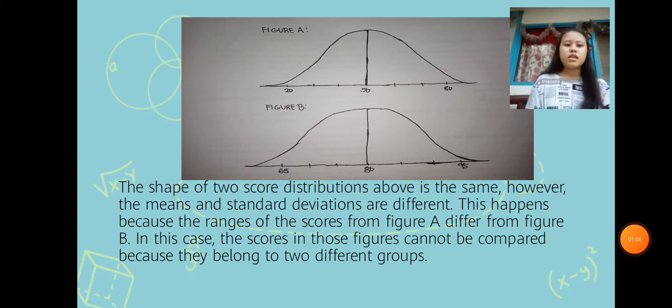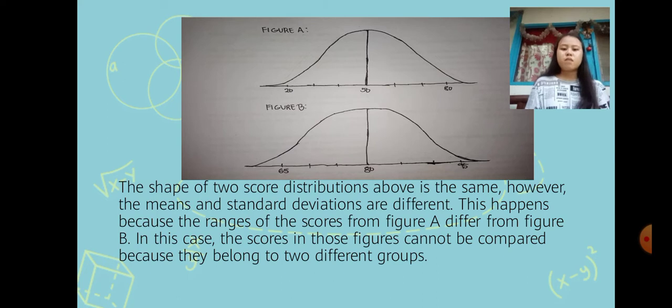As you can see on the screen, there are two bell shapes, figure A and figure B. Figure A represents the score distribution with a mean of 50 and a standard deviation of 10: 20, 30, 40, 50, 60, 70, 80. Figure B represents the score distribution with a mean of 80 and a standard deviation of 5.